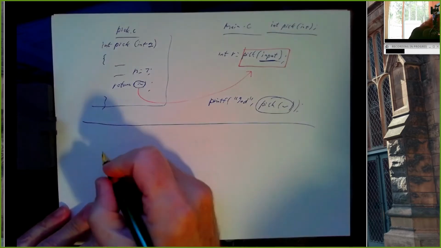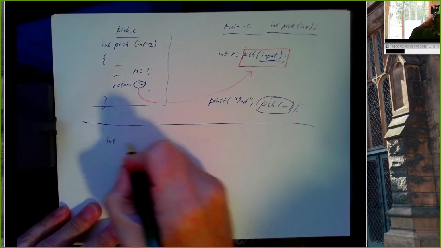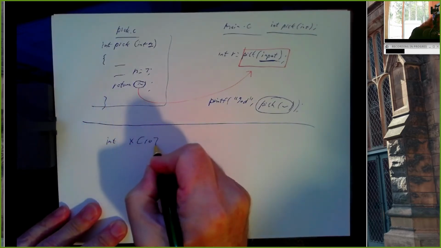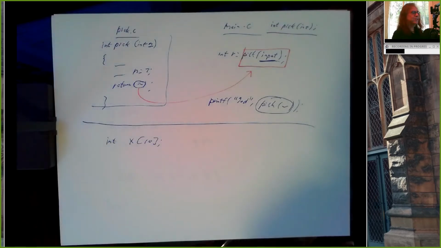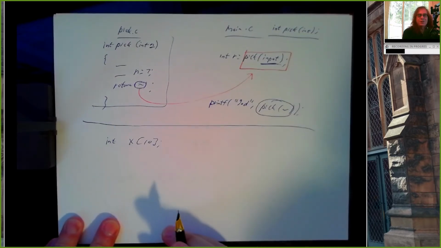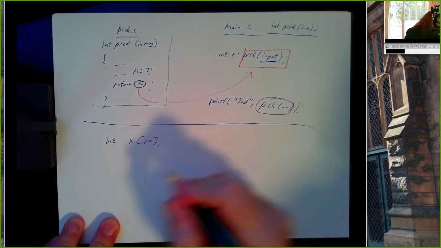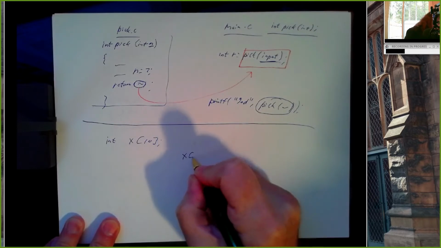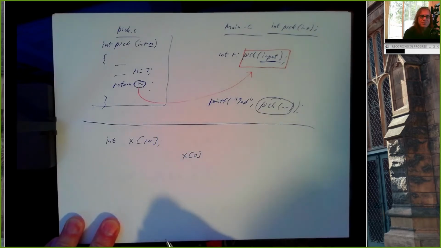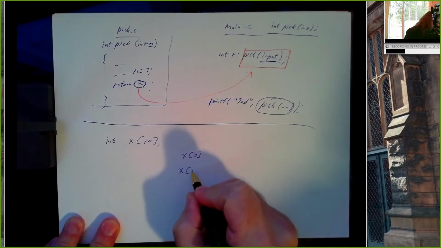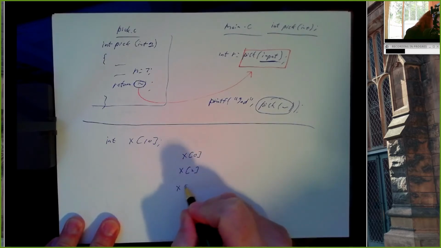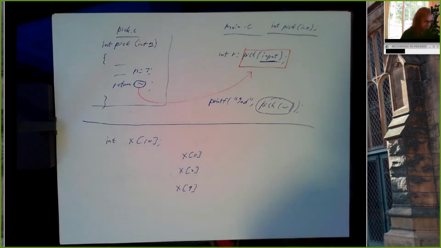Hey, I can move my camera. I can say integer x bracket 10. And bingo, I'm done. There's an array of integers. Once you declare an array like this, what can you do? You can, in your code, talk about things like x bracket 0 or x bracket 2, all the way up to and including x bracket 9.